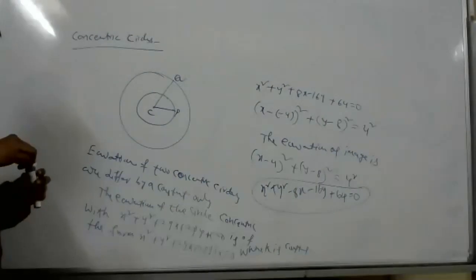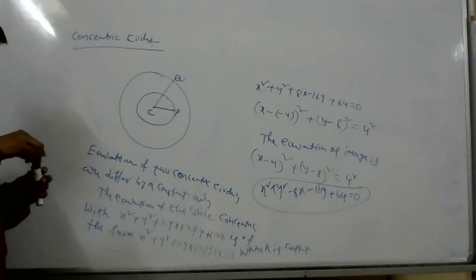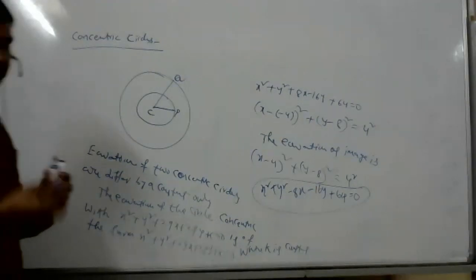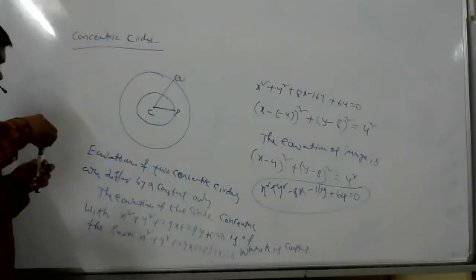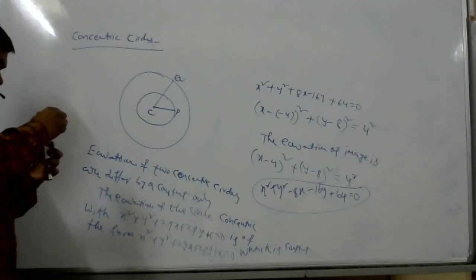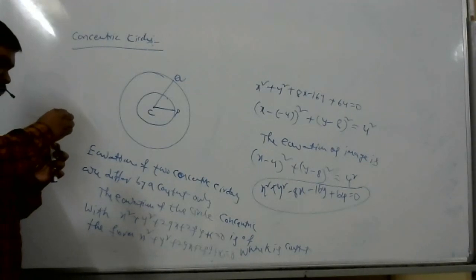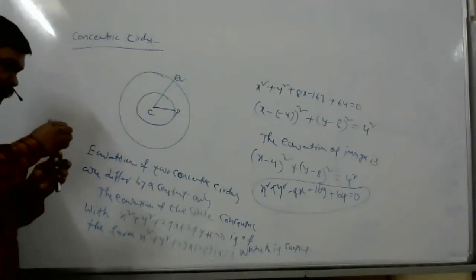Equations of two concentric circles differ by a constant only. The equation of the circle concentric with x square plus y square plus 2gx plus 2fy plus c is equal to 0 is of the form x square plus y square plus 2gx plus 2fy plus k is equal to 0.